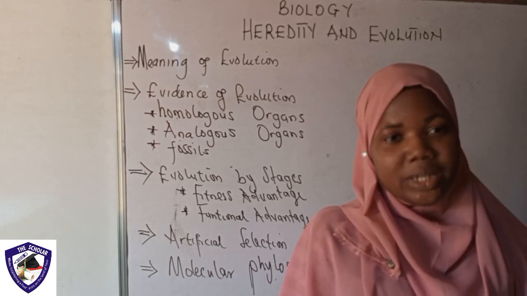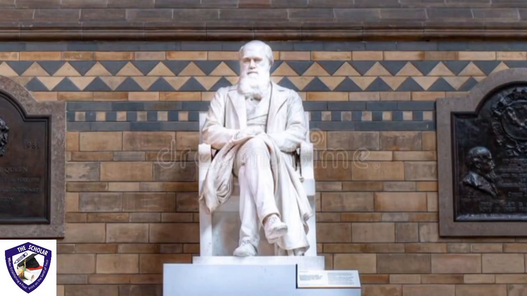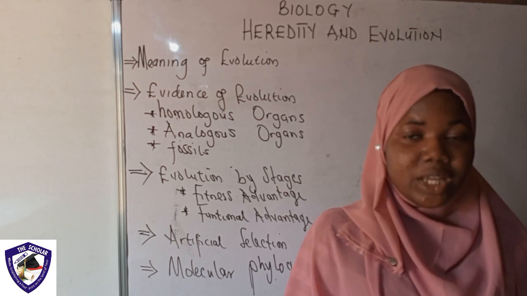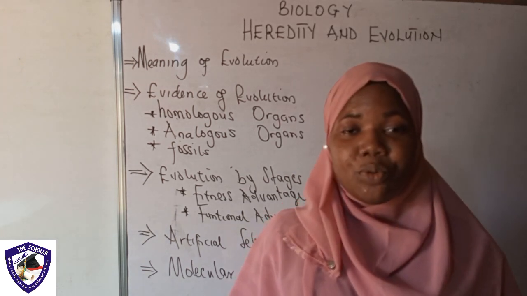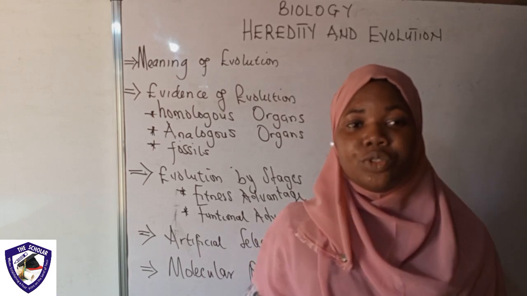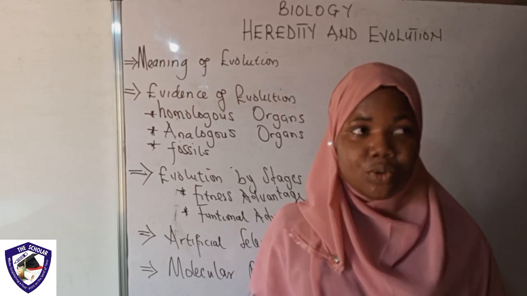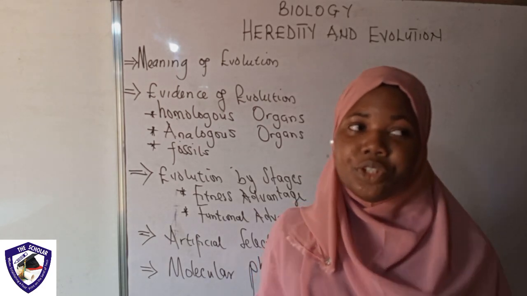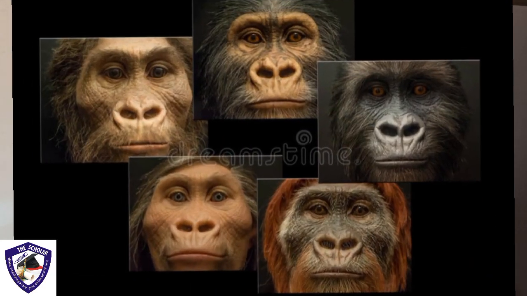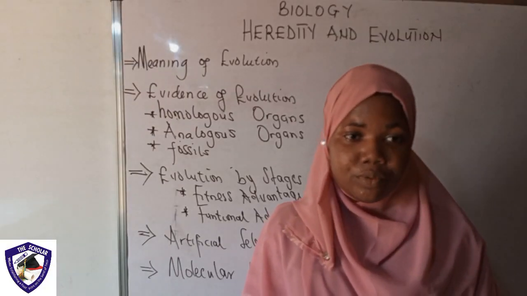I would like to inform you that the father of evolution is Charles Darwin. Moving forward, we'll talk about microevolution, which is the evolutionary change that has occurred on a small scale. An example is change in body color of beetles.